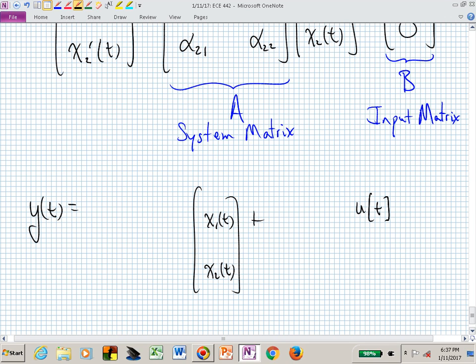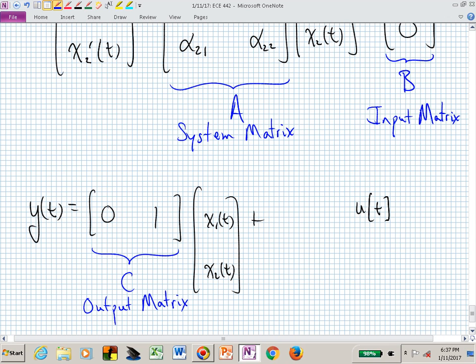How many outputs do we have? 1. So it needs to be 1 row tall, and it needs to be 2 columns wide to be compatible with our state vector x sub 1, x sub 2. And it was simply pulling off x sub 2, so our output matrix C is going to be the row vector 0, 1.